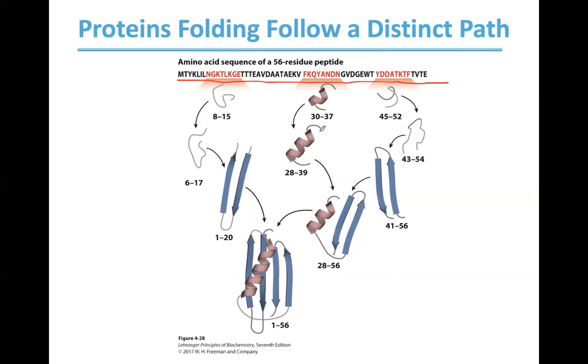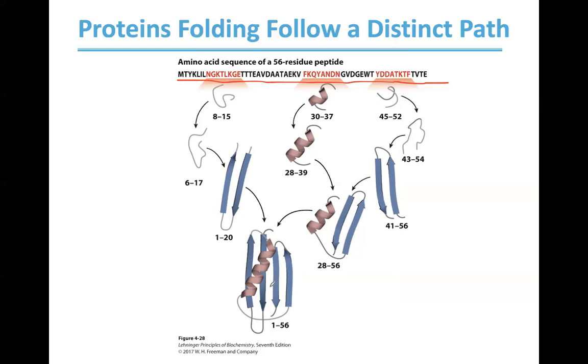This segment will fold into an alpha helix, and this segment will fold into an antiparallel beta sheet. Then these will combine together into a motif, and then these will combine together, and these two combine together into this motif.